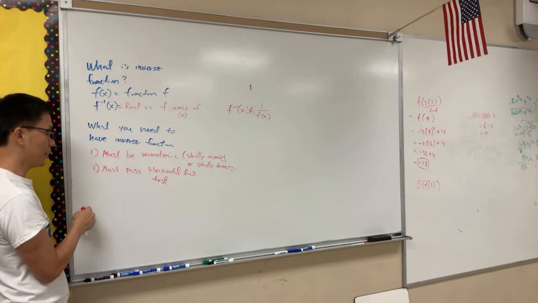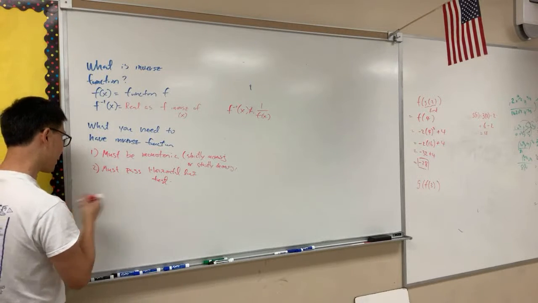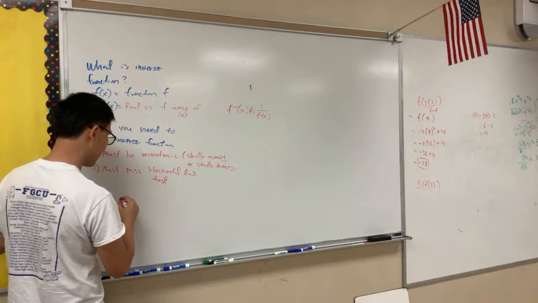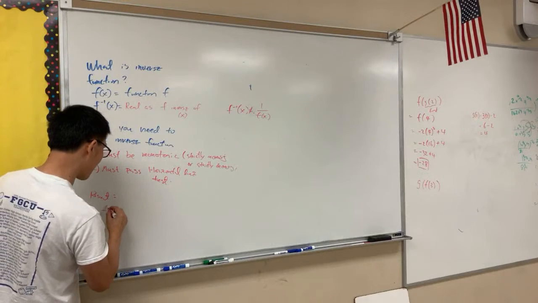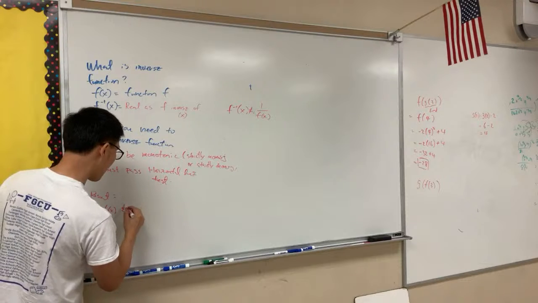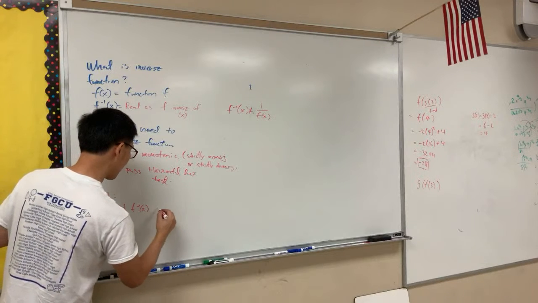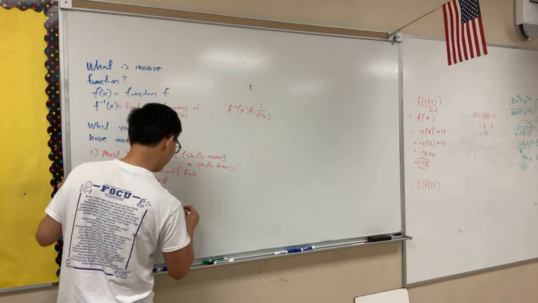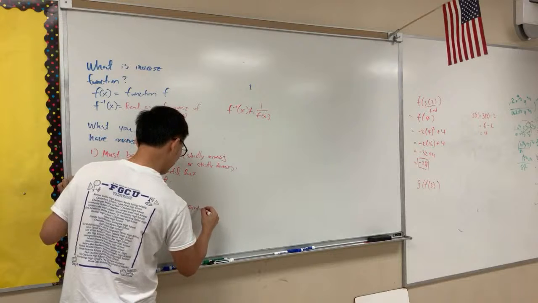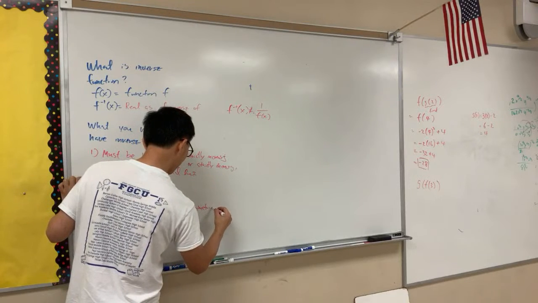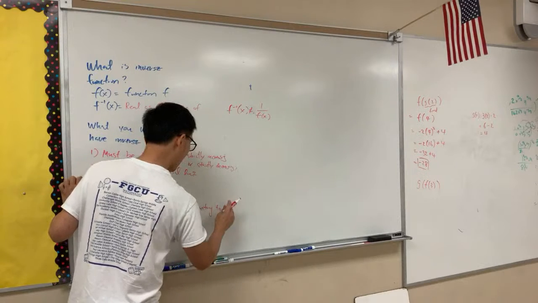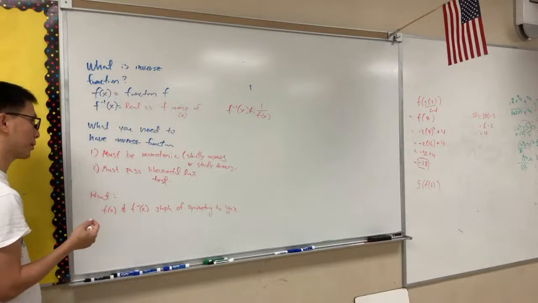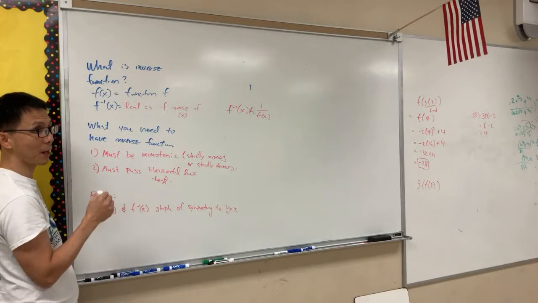What's the result of inverse? The result of inverse is that the graphs of f of x and f inverse of x are symmetric to the y equal to x graph. We're not going to show you until Thursday, because I'm not here tomorrow.